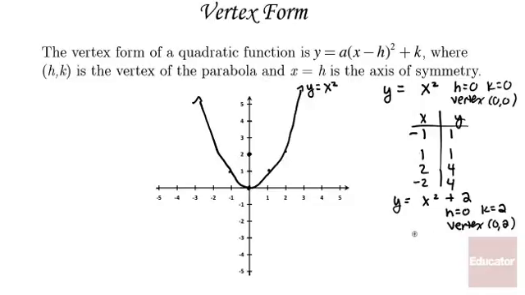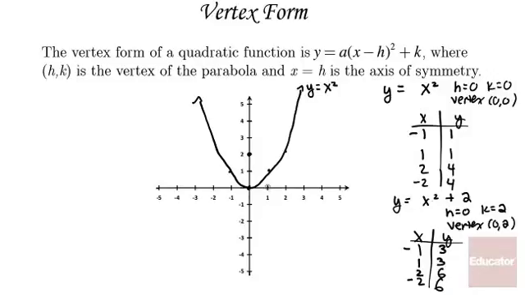Now let's look at some points, x and y. When x is negative 1, then x squared will be 1 plus 2, that gives me 3. When x is 1, again y is 3. When x is 2, y is 6. And when x is negative 2, negative 2 squared is 4, plus 2 is 6.